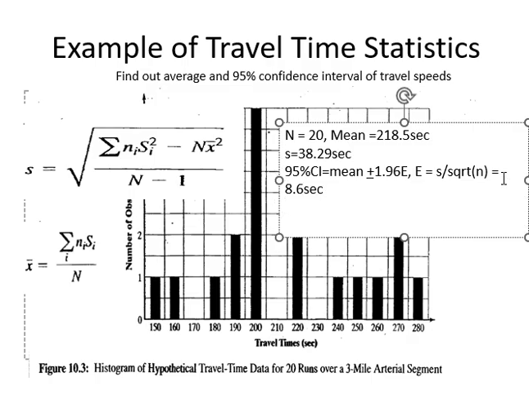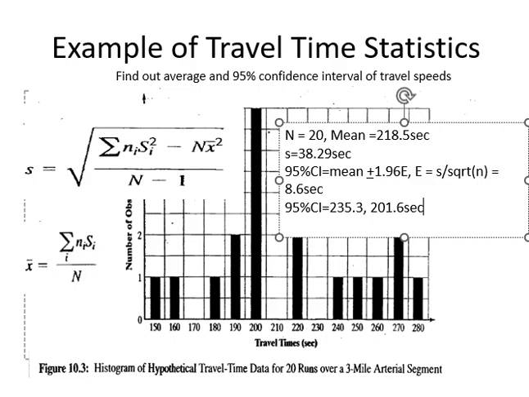Okay, now you can calculate the 95% confidence interval of time, which is how much? 201.6.